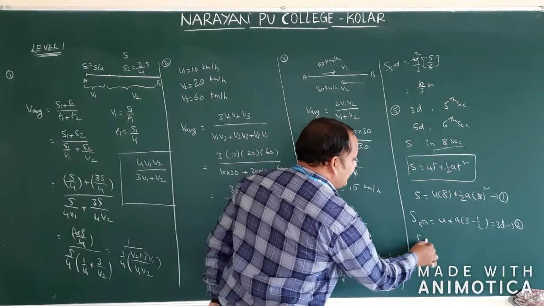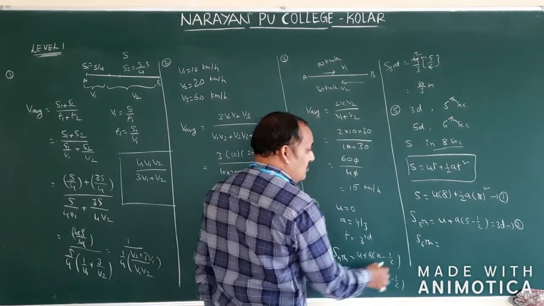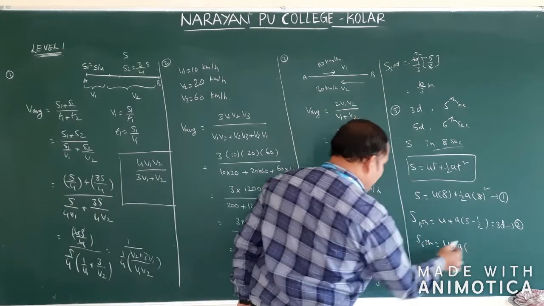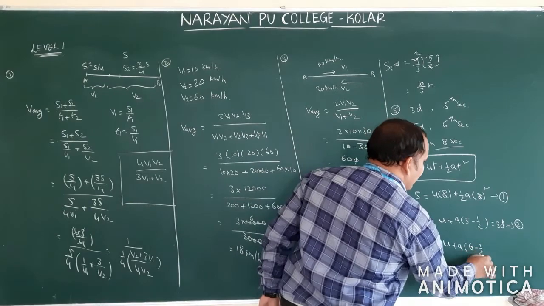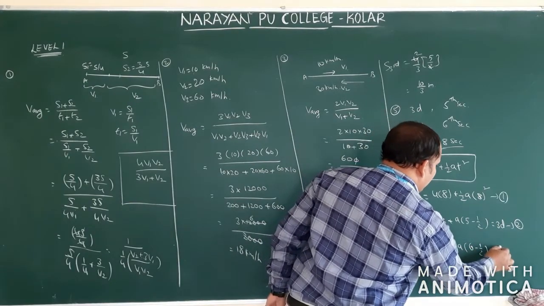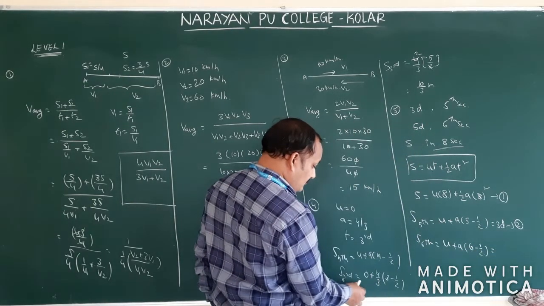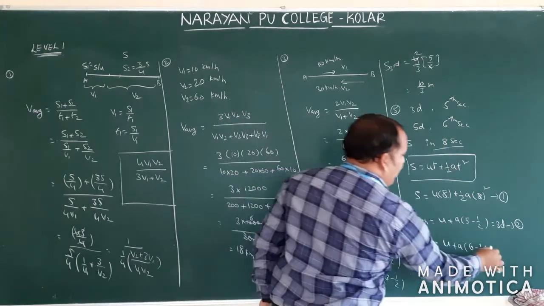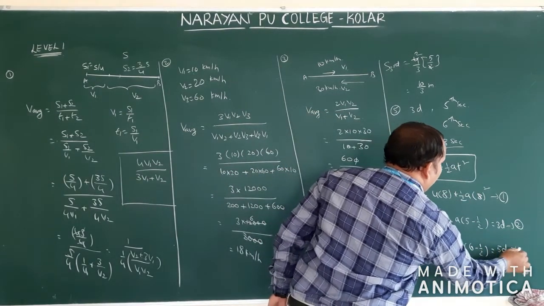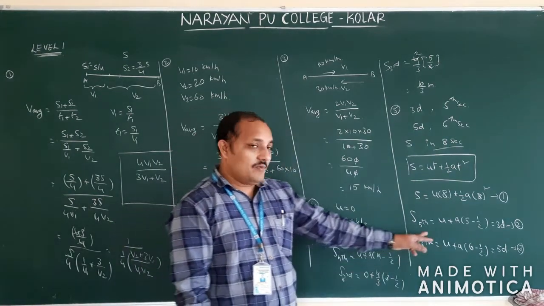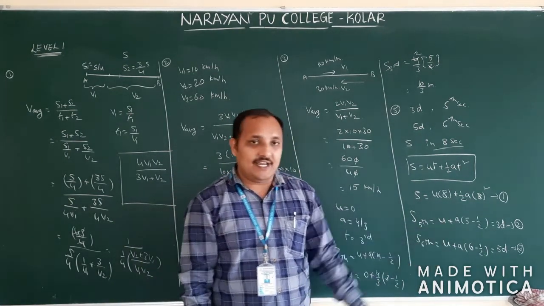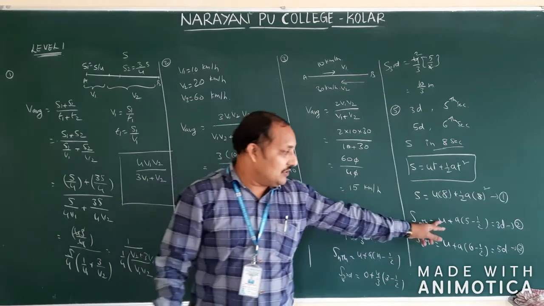Call it equation number 2. Next one, the 6th second: u plus a into, in place of n how much we should take? 6. 6 minus 1 by 2 is equal to how much they gave? 5d. Call it equation number 3. Now we are going to solve 2 and 3, then we will get u and a.